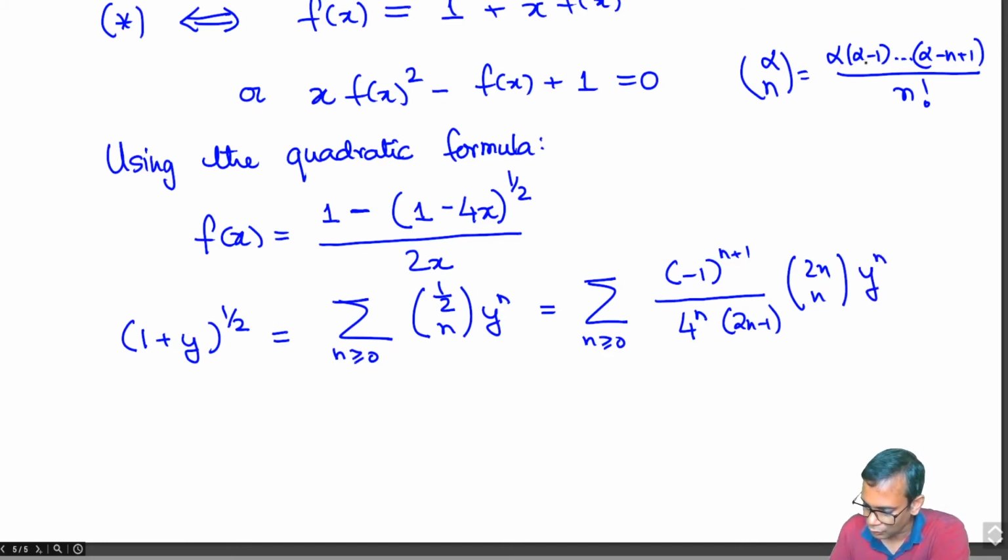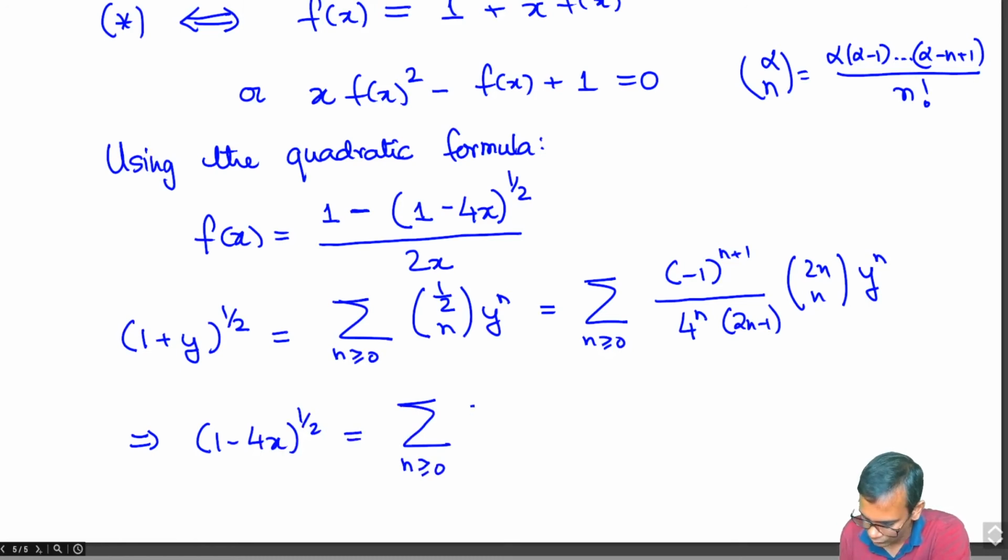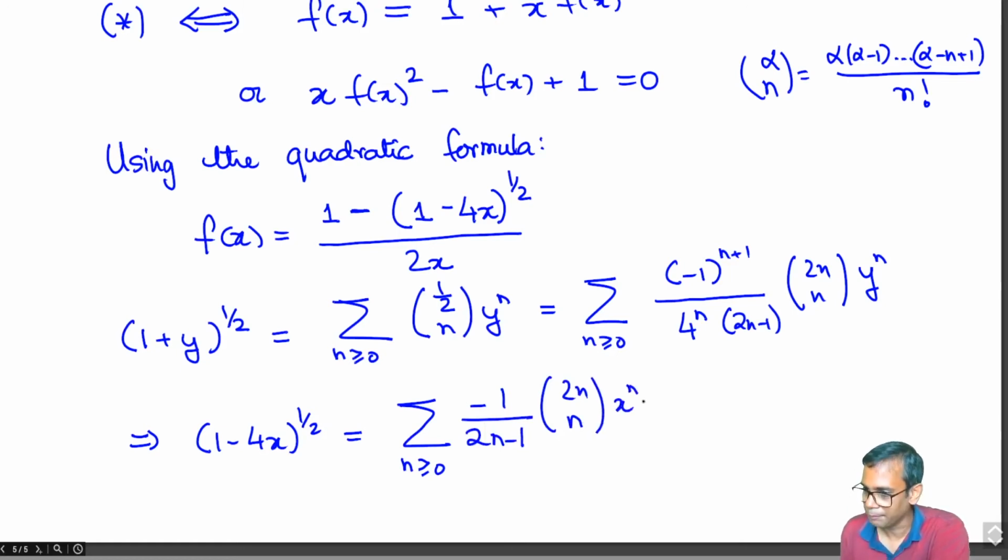You'll get half times half minus 1 times half minus 2 and so on, and those will end up being products of odd numbers divided by some power of 2 and so on. So that's what you get over there. And so 1 minus 4x, substituting 4x for y here, is equal to the summation n greater than or equal to 0 of minus 1 over 2n minus 1, 2n choose n, x to the n.